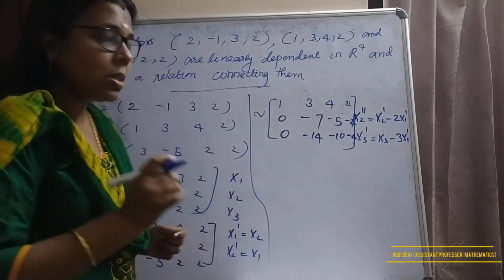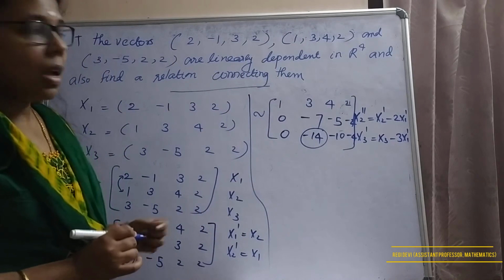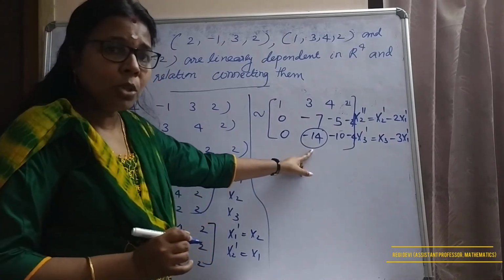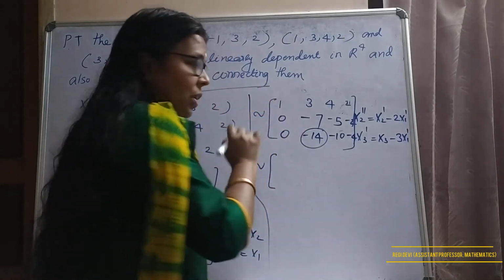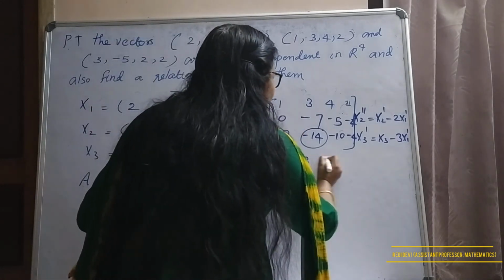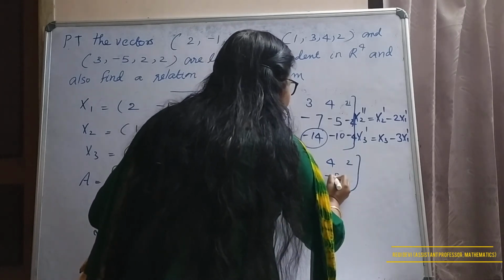Now we have to reduce this minus 14 into 0. How do we reduce it? The first 2 rows become fixed, that is 1, 3, 4, 2 and 0, minus 7, minus 5, minus 4.